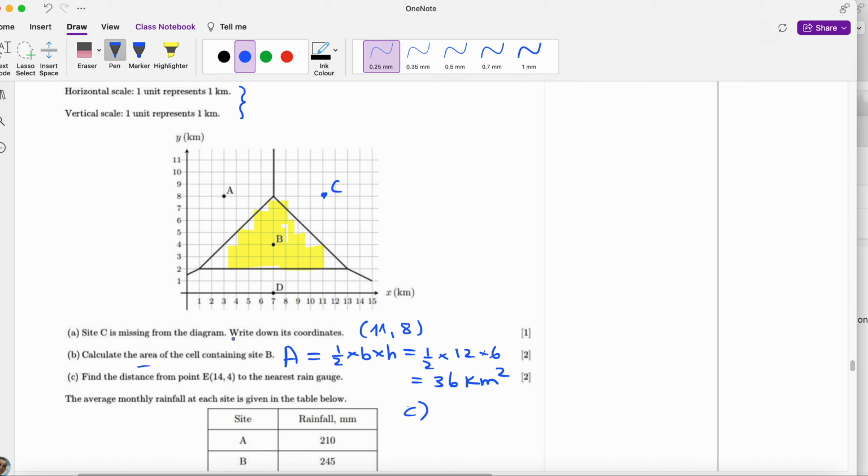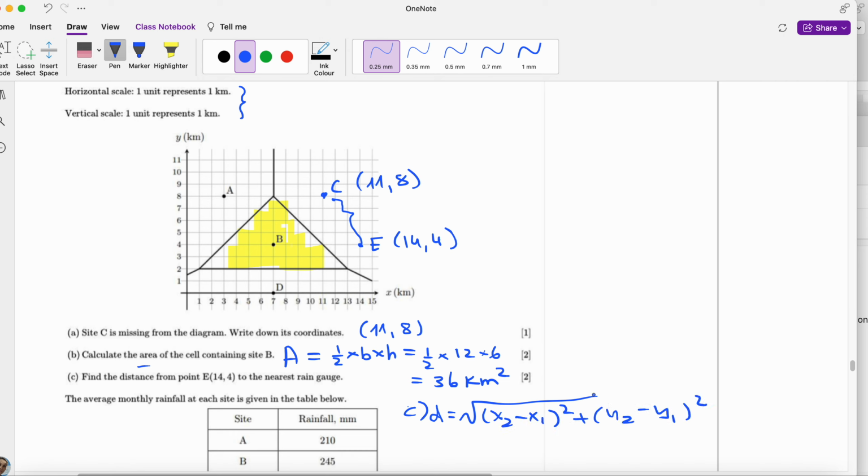Find the distance from point E, which is at 14 and 4, to the nearest gauge. Where are you? You can see that C is going to be your nearest neighbor. So all you need to do is find this distance. You can go for your formula booklet, and you do have the distance formula there.